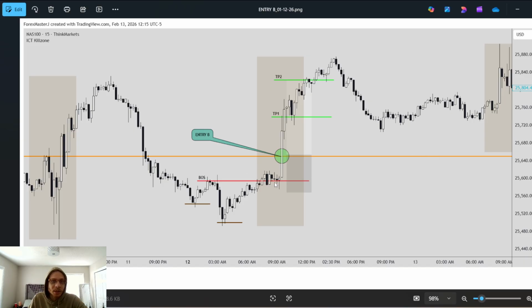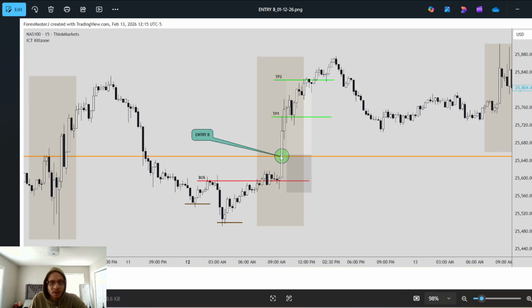This would be an entry B. We have our entry indication from the 1 hour, our correction, and as you can see, the steps down. Then we break structure here on these candles. Price comes back, lingers around, and then on the way up, entry B. The reason this would be entry B is because this higher low was formed on the same move, since this was market open at 9:30.